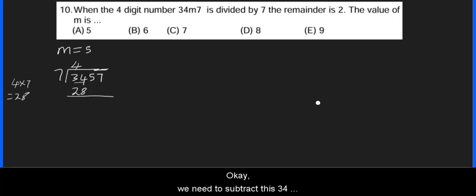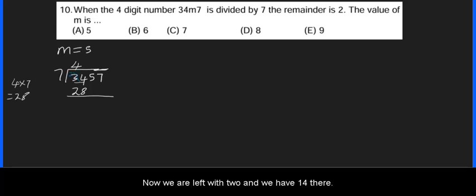First thing first, we have to borrow 1. Now we are left with 2, and we have 14 there. 14 minus 8 is 6. Now 2 minus 2 is 0. Then let's bring 5 in there.